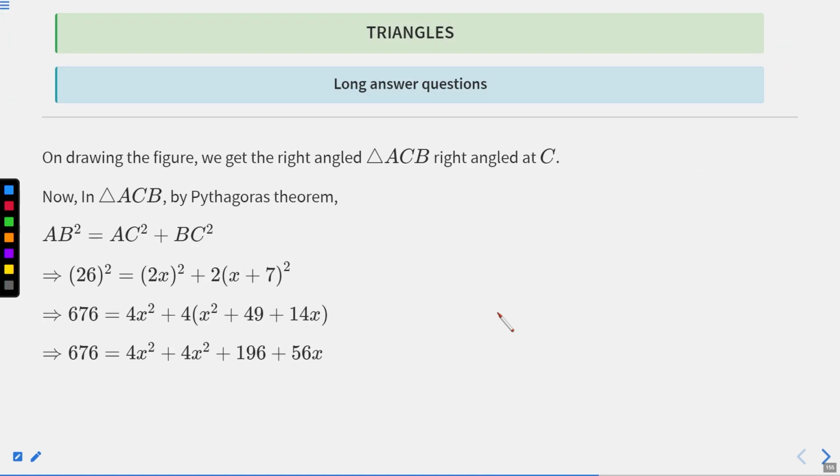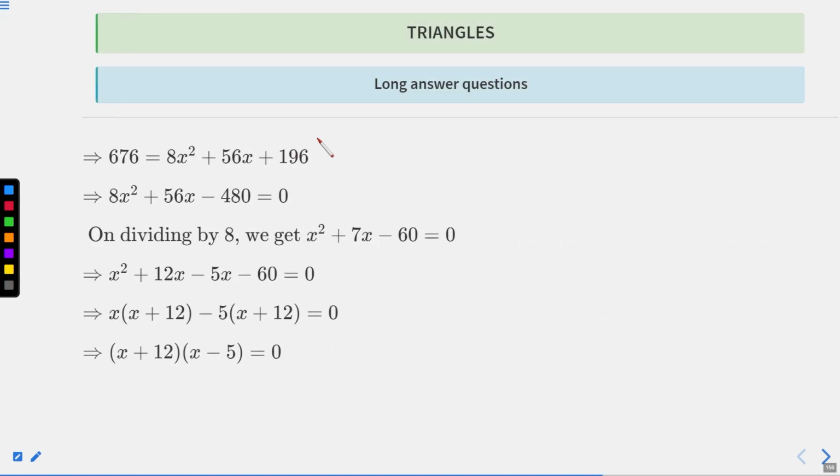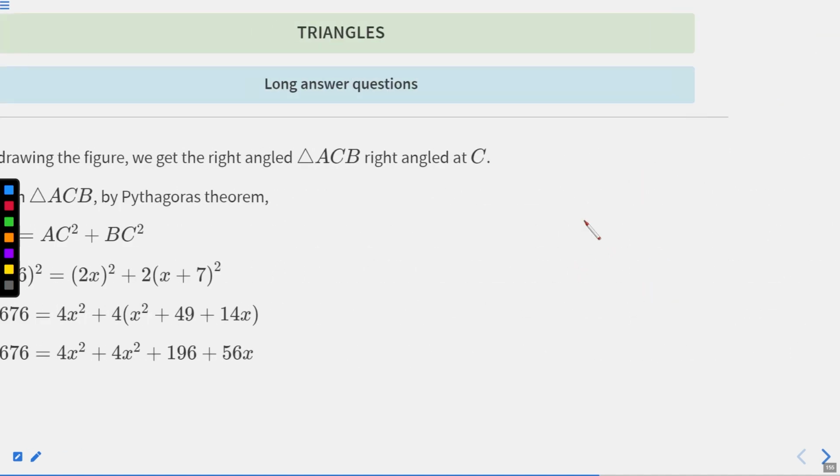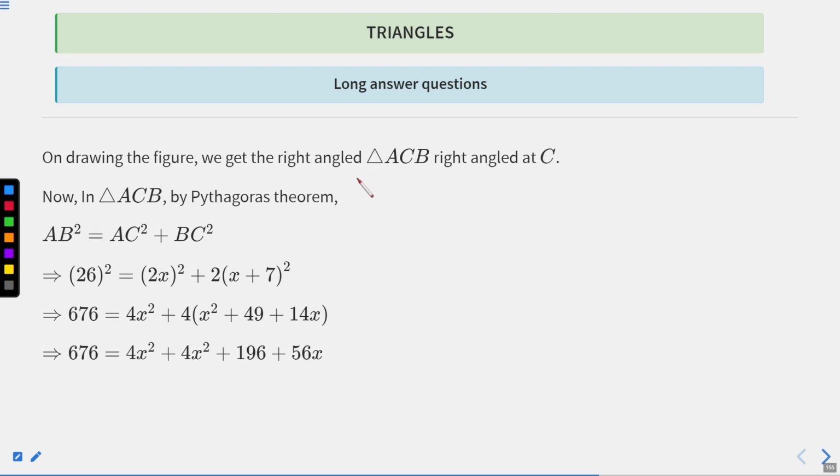Okay, so when drawing the figure, we get AC is 2x kilometer, BC is 2 into (x plus 7) kilometer and AB is 26 kilometer. Here we get the right angle triangle ACB, right angle at C.